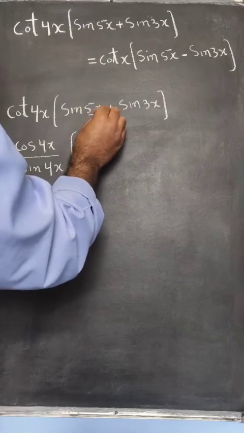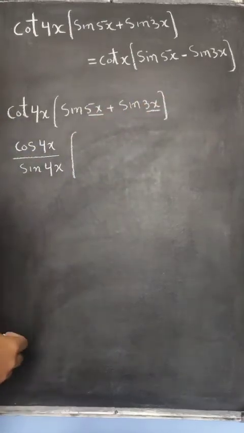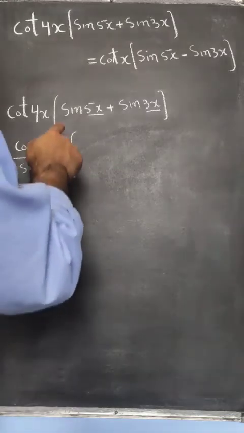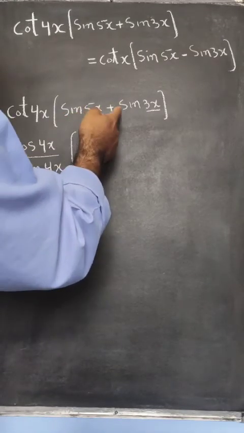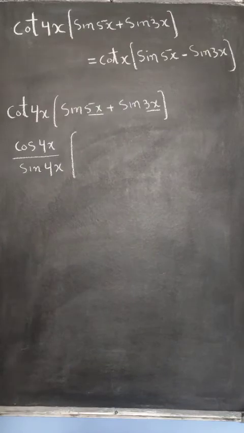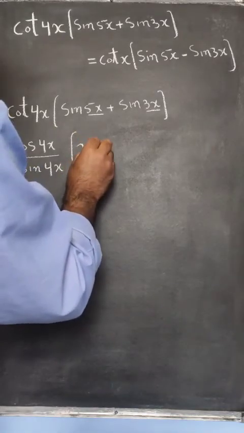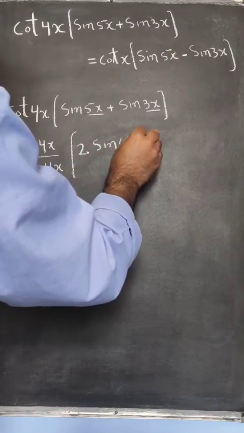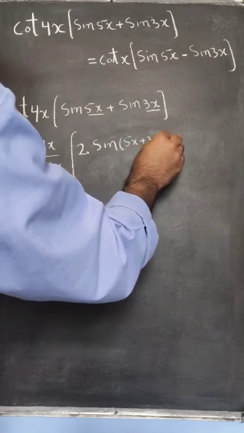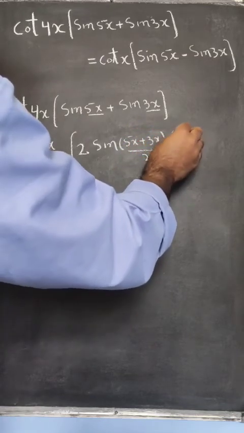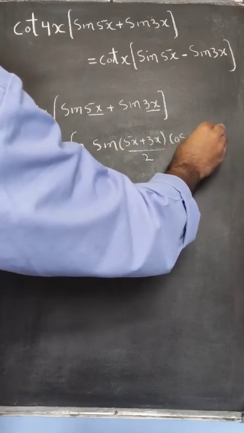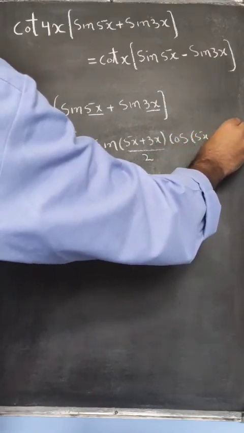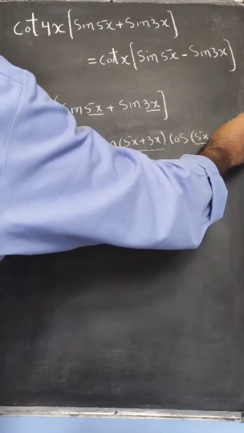Now if we treat 5x as A and 3x as B, then we know that sin A plus sin B is equal to twice sin of A plus B divided by 2 cos of A minus B divided by 2. So we can write twice sin of 5x plus 3x divided by 2 cos of 5x minus 3x divided by 2.